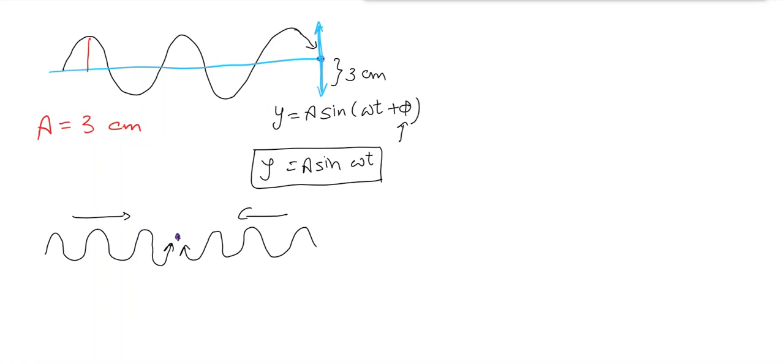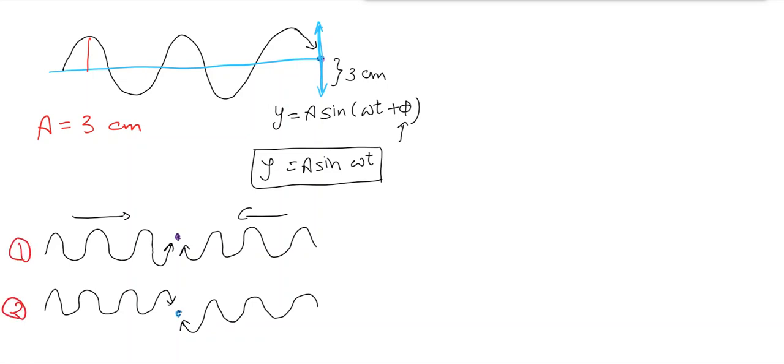This is one possibility. There is one more chance. It is very much possible that the wave coming from left side hits particle in this way, and the other wave is hitting particle in this manner. So let me label it as situation 1 and 2.